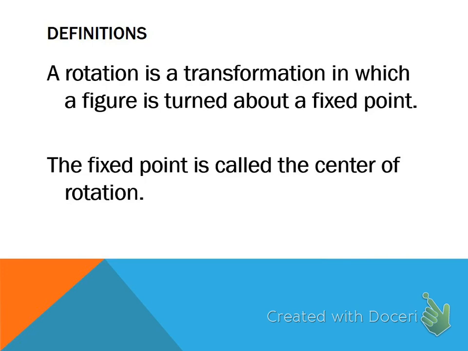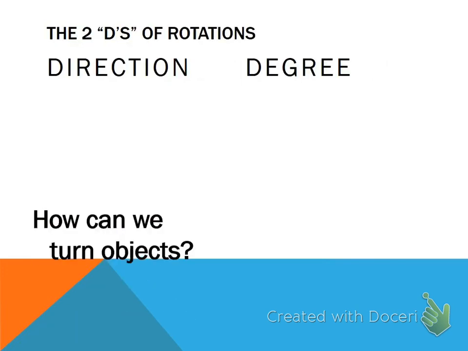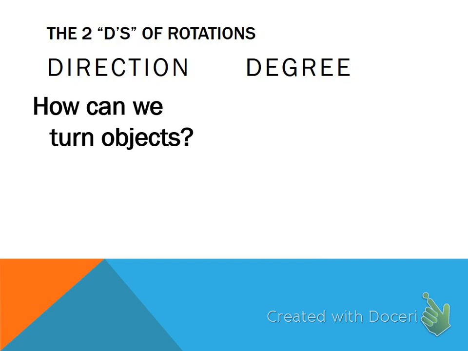I have a feeling most of us understand that rotating means to turn something in general. Anybody need more time with those definitions? Okay, so let's talk about the 2 D's of rotation.